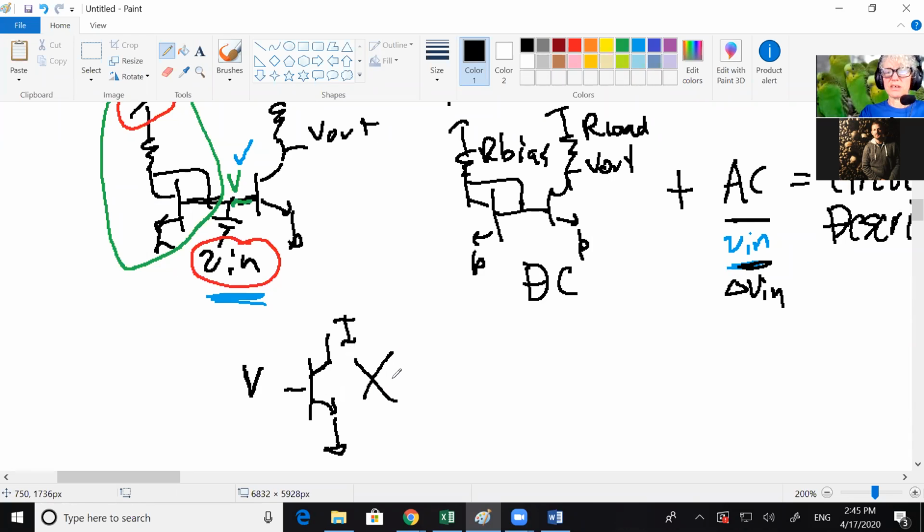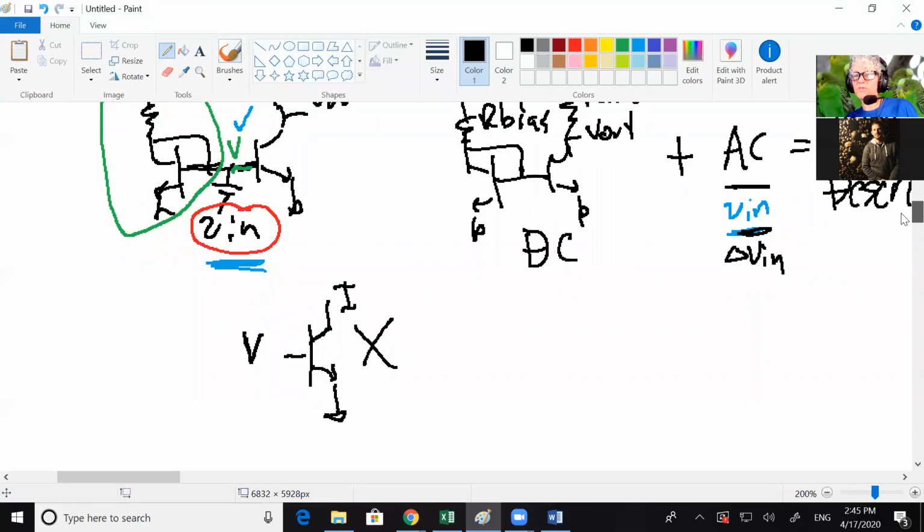This model right here is not appropriate for finding out when you change Vn, how much V out moves. So we need to come up with a new model, and you've done most of that work. We need a model that just deals with changes. The DC stuff's already been taken care of by your biasing circuit. You just need to come up with a model for changes.